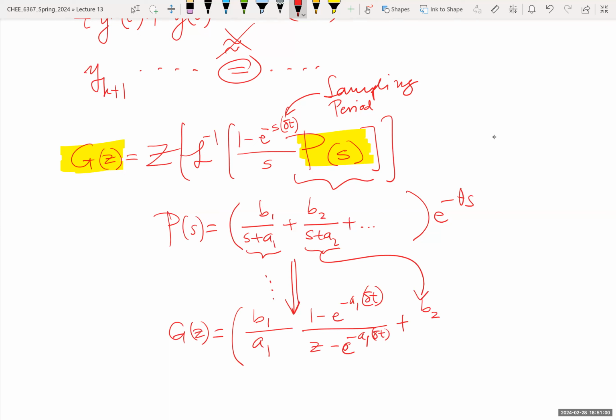So B2 A2, 1 minus e to the minus A2 delta t, over Z minus e to the minus A2 delta t. And you may wonder, why am I now using Z and not Z inverse? Because it's simpler, okay? If you multiply numerator and denominator by Z inverse, this becomes numerator times Z inverse, 1 minus blah, blah, Z inverse. And finally Z to the minus the integer part of theta over delta t.